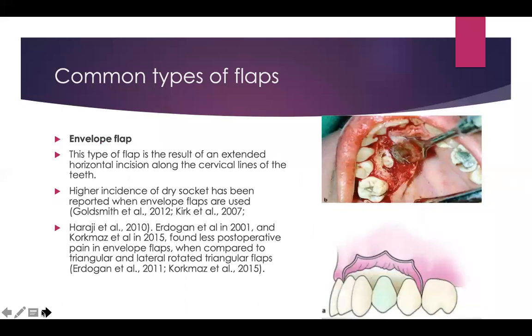And our third type is the envelope flap, which doesn't have any releasing incisions. This type of flap is a result of an extended horizontal incision along the cervical lines, but it has a higher incidence of dry socket, though some studies found less post-operative pain.